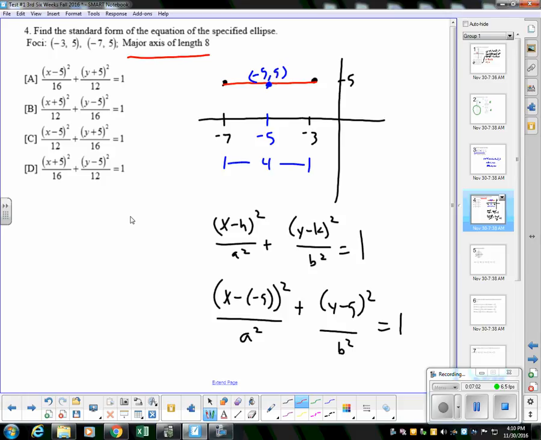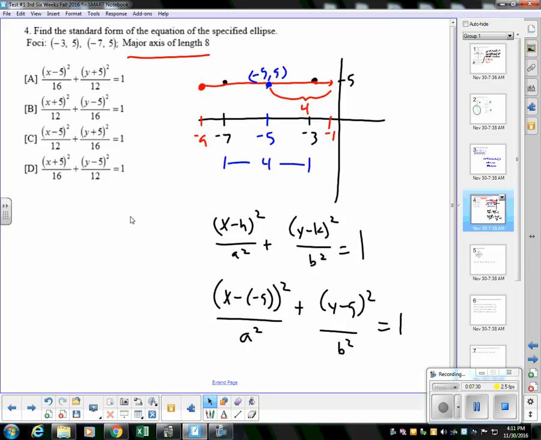So I go all the way over to negative 1, and then all the way over to negative 9, if I wanted to draw it out. But the point is that my distance from my center to my major vertex is a distance of 4 right there. Therefore, a must be 4.